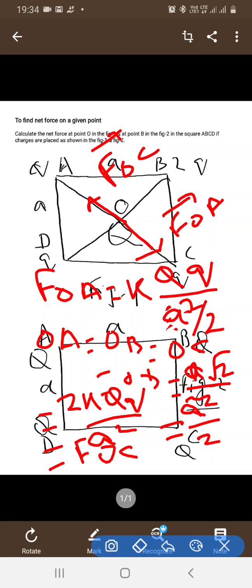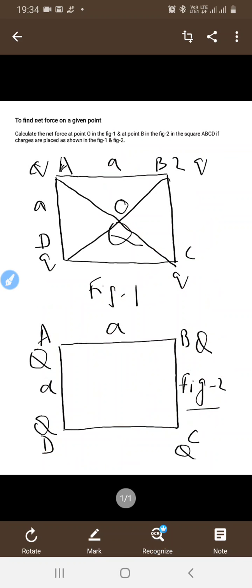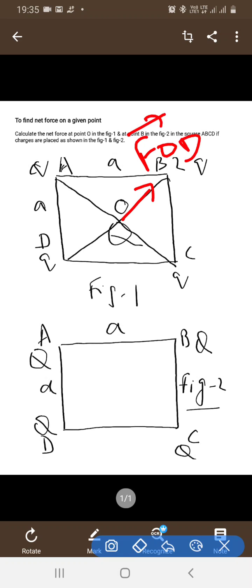Now for the second part, force acting at O due to charge at D, again repulsive force, so direction will be away from point O and along OB, so we can write FOD, and force at O due to charge at B will be along OD, so we can write vector FOB.